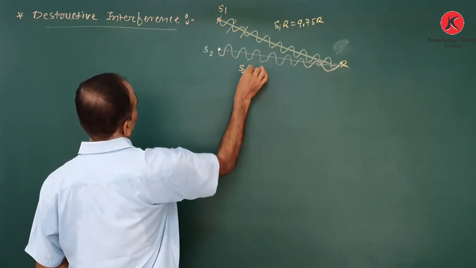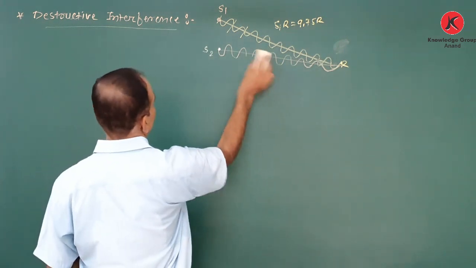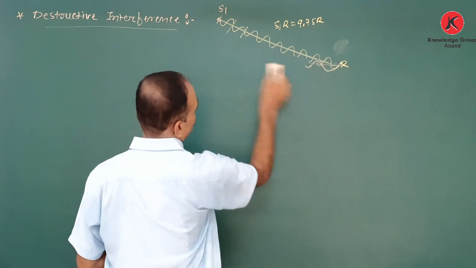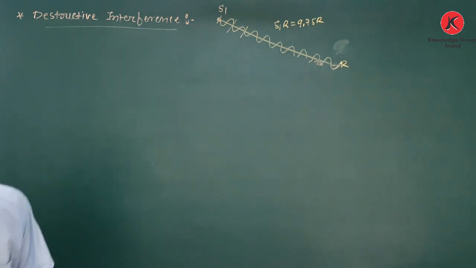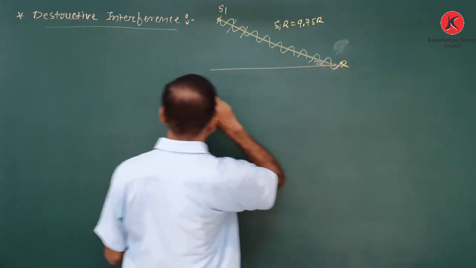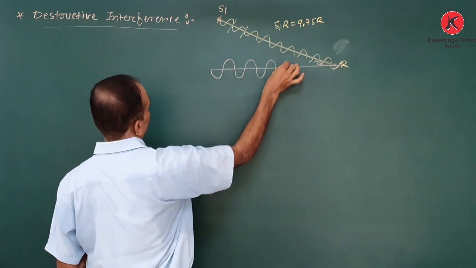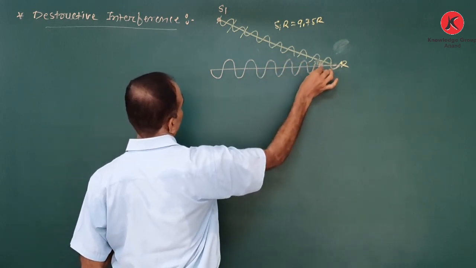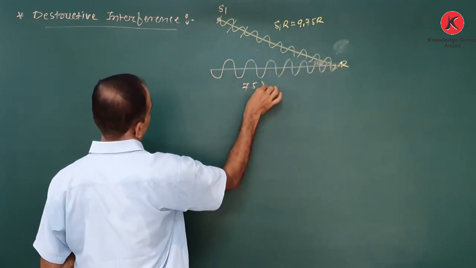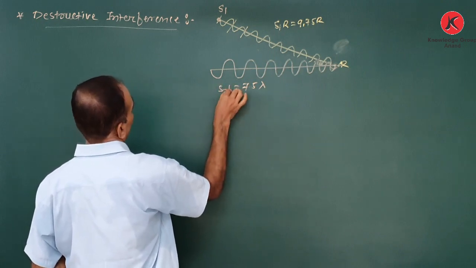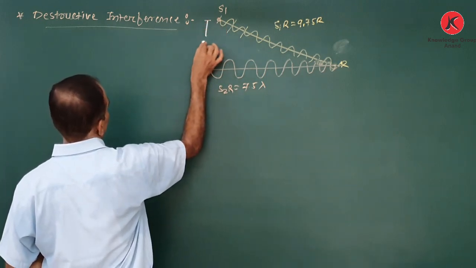So S2R is equal to 7.5 lambda. The separation between these two sources is small d.